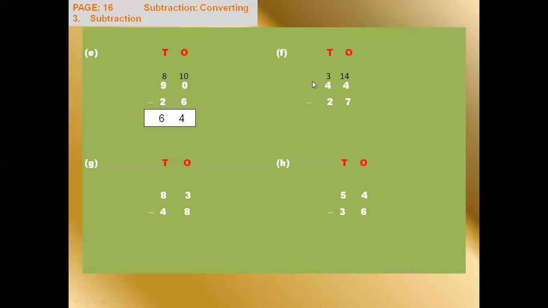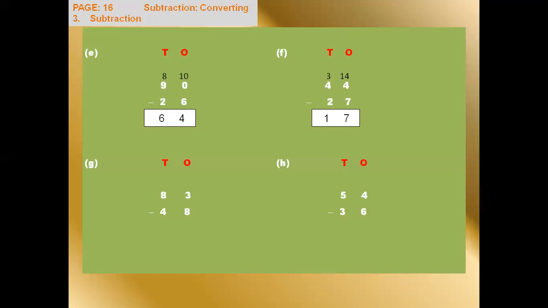Now we will use these numbers in black, not in white. First we will do 14 minus 7. So draw 14 lines, cut 7, and the answer will be 7. And 3 minus 2 is 1. 44 minus 27, the answer will be 17. Okay.